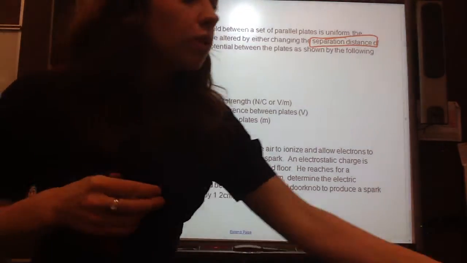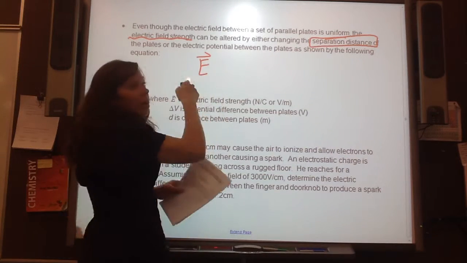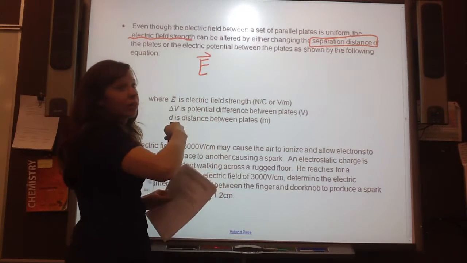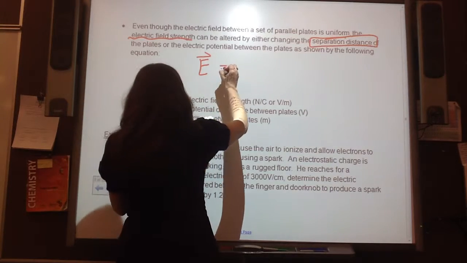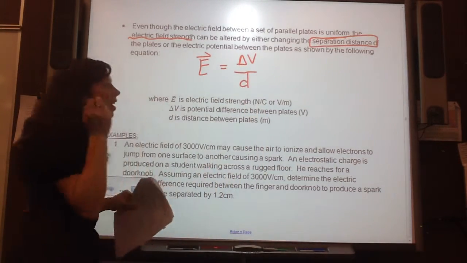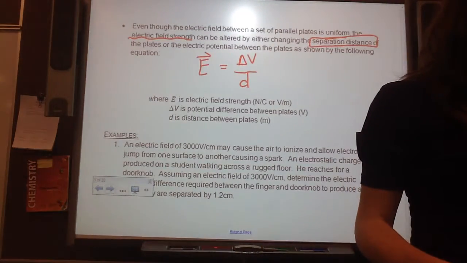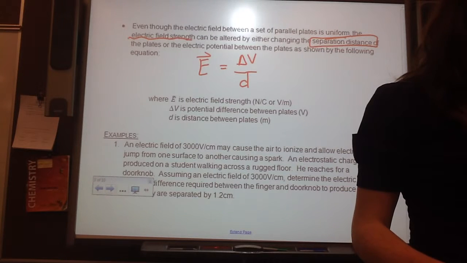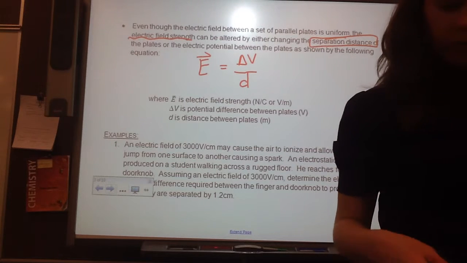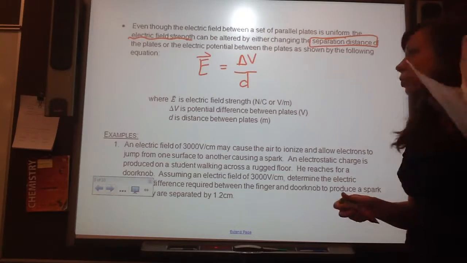Okay? So this formula is E with the arrow, so now it's electric field strength, not energy, is equal to delta V over d. So now find this one on your formula sheet. This one's under electricity and magnetism as well.